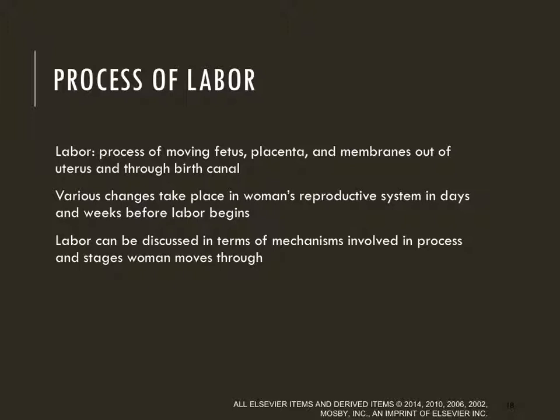When the presenting part, which is usually the baby's head, descends into the true pelvis, this is called dropping or lightening, and this happens gradually. This is where the women will start to feel less congested. They can breathe a little better because the pressure has been taken off their upper respiratory system, and now the pressure has moved down onto their bladder, so they're having a lot more urinary frequency.